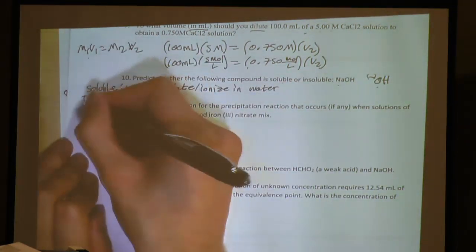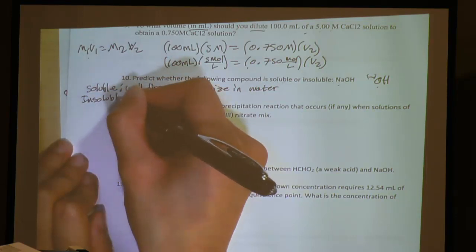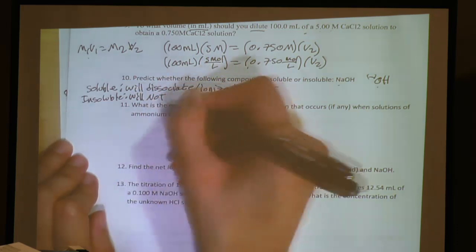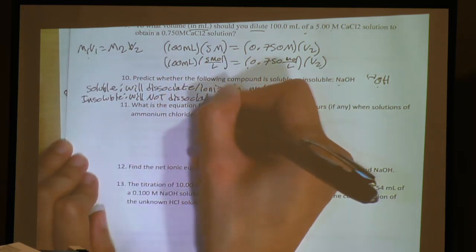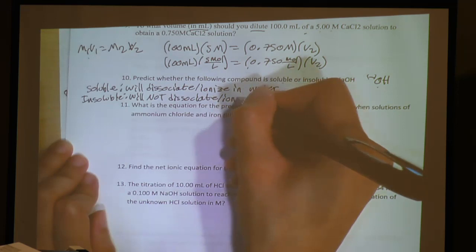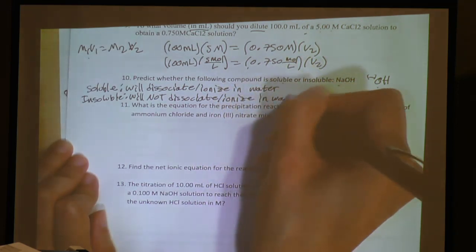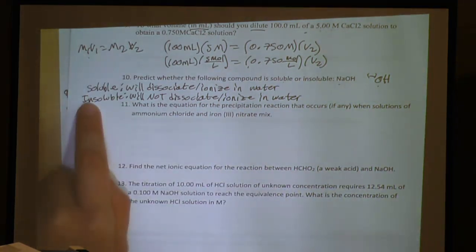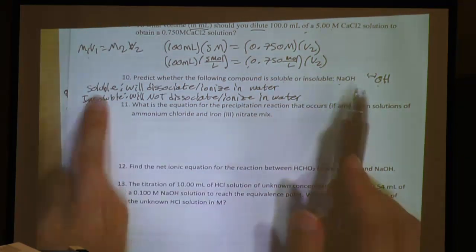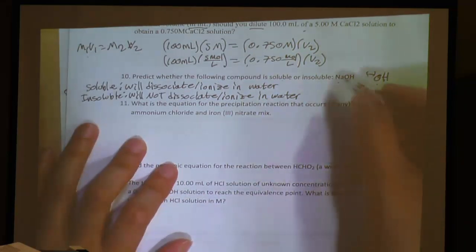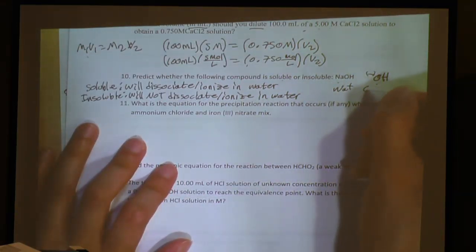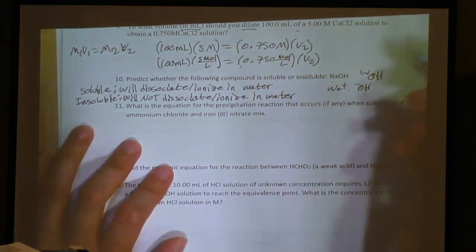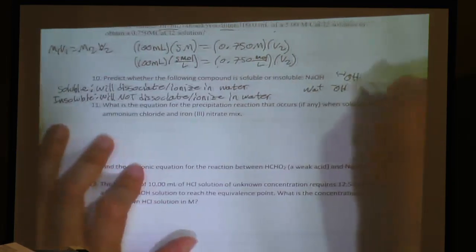Whereas insoluble means it will not dissociate in water. So if you put something insoluble in water, it's just going to stay as a solid, whereas soluble is going to break up. So NaOH, when you put it in, is going to break up into Na plus and OH minus. So like we said, this is going to be soluble.